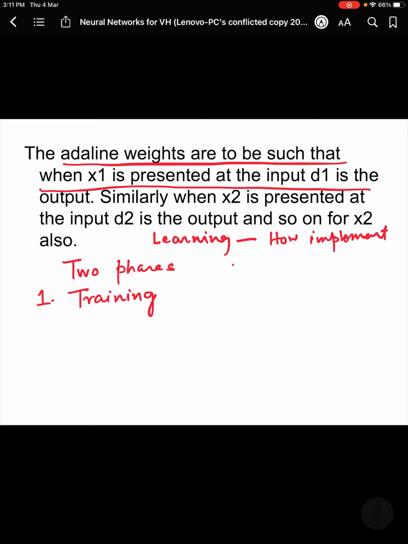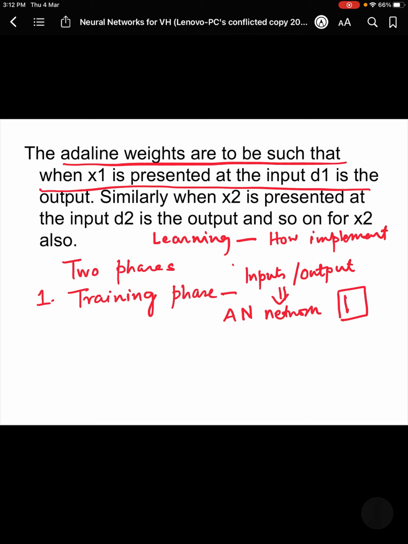Okay, in the training phase, as we just saw in the earlier lecture, we have the inputs for training as well as the outputs given to us, and using this input and output information we build a network, or rather an artificial neural network, which in our case was done by adjusting the weights using the adaptive algorithm.